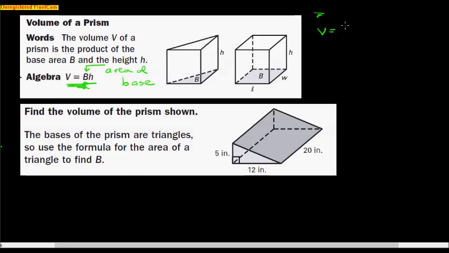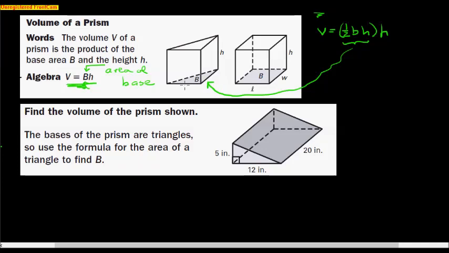Okay, so this formula can take two different forms. It can take this form, 1/2 base times height, times the height of the whole figure. Here we're talking about the dimensions of the base of this prism.